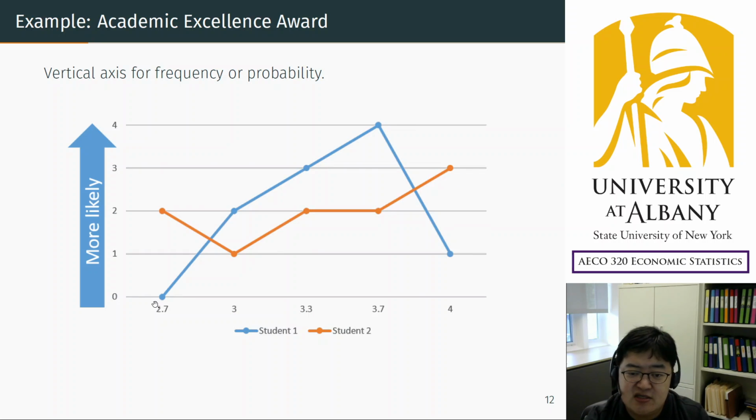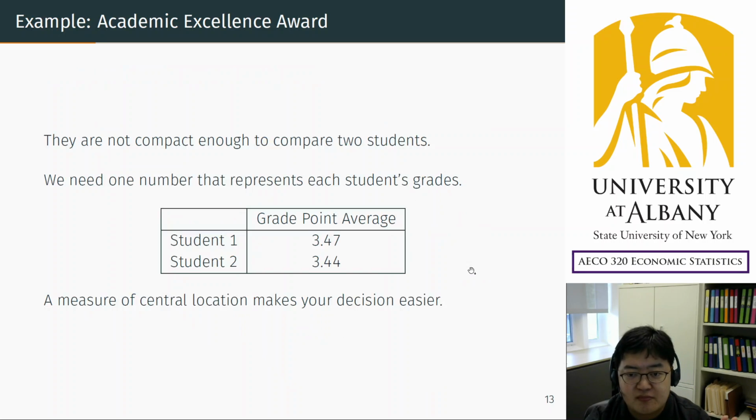Grade is distributed between 2.7 and 4, and what we are looking for is where the center is, right? The center is somewhere here. It doesn't need to be the average. Later, I'm going to show you an alternative measure, and as long as you use a measure of central location, it does the same role, so it can replace the average.